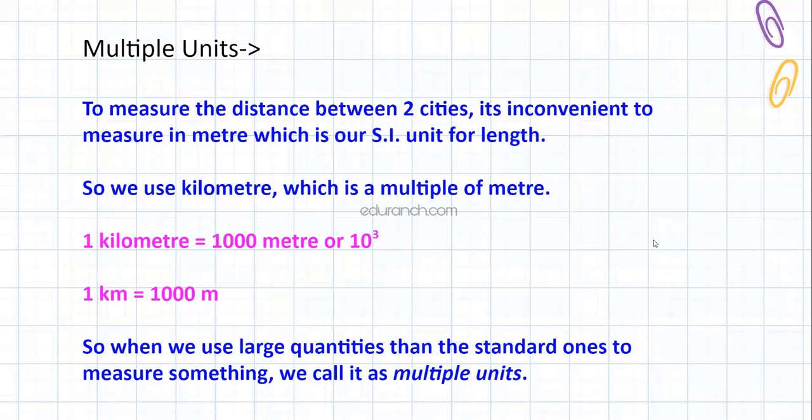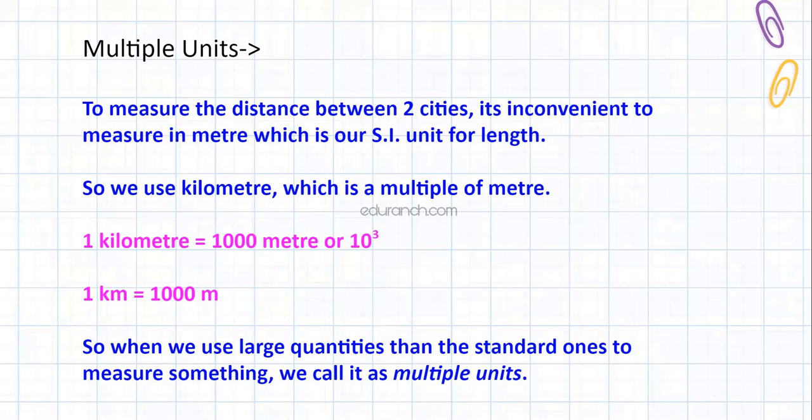Now, what are multiple units? Okay, so we know the unit for length is meter. But if I want to measure the distance between two cities, are we going to use meter to measure it? It's going to be very, very inconvenient to measure the distance between two cities with meter, right?